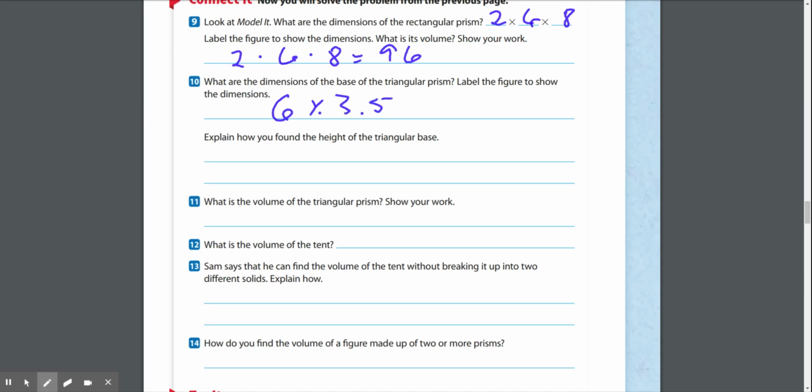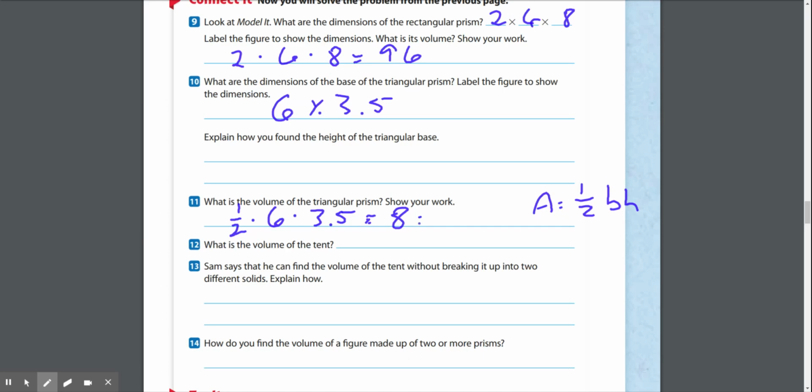So the volume of the triangular prism, we've got to find the area of the base. Area of the base is 1/2 times 6 times 3.5, because its area equals 1/2 base times height. And we're going to multiply that times the height of the prism, which was 8.